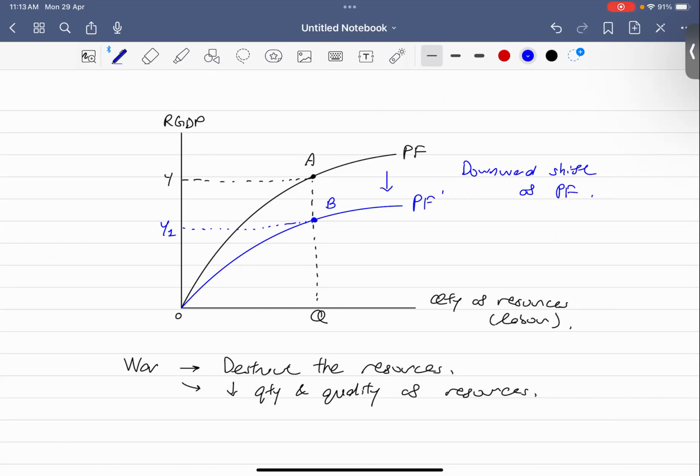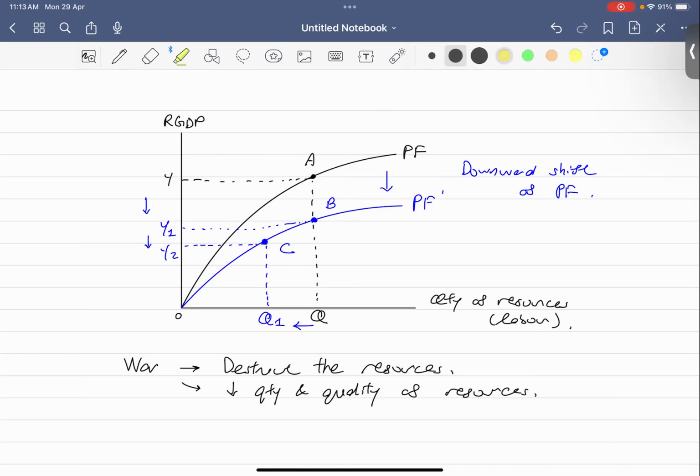Also, it will reduce your quantity of resources. So let's say from point B to point C over here. You produce even less, and you have a lower quantity of resources.